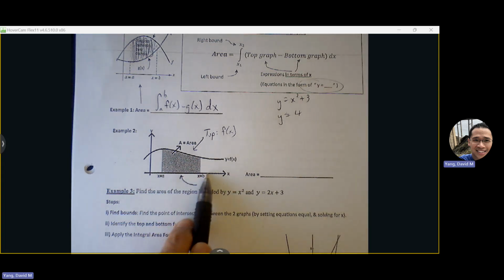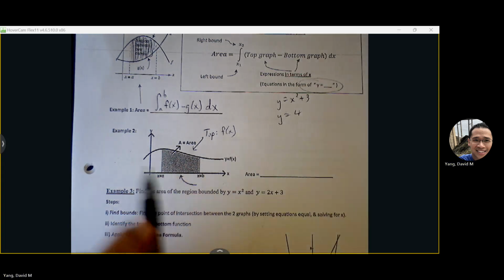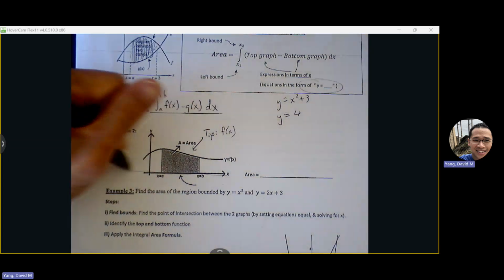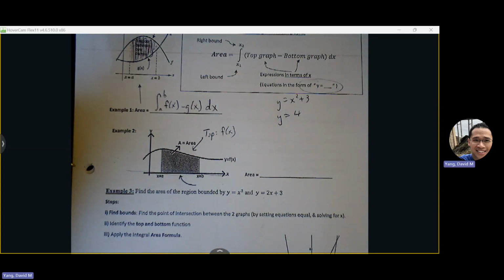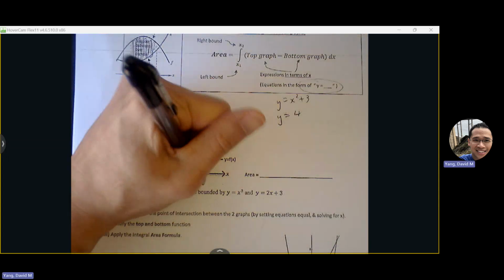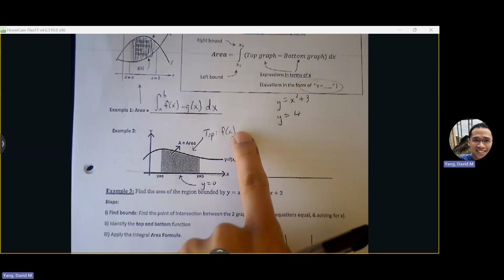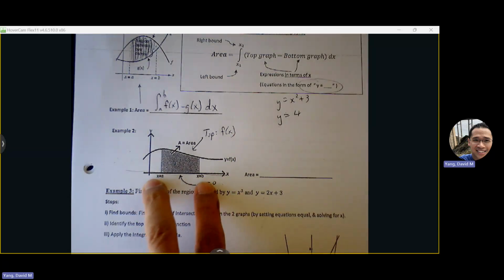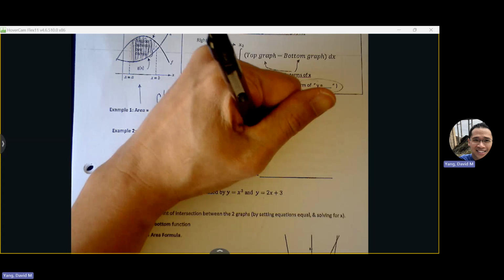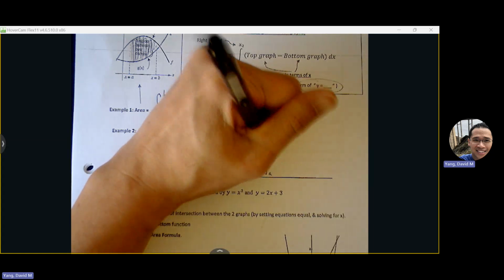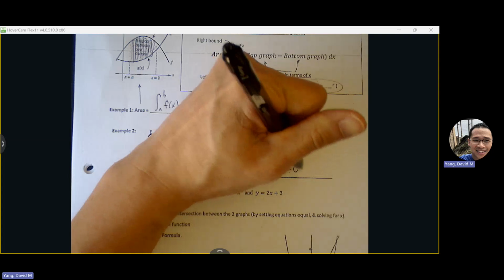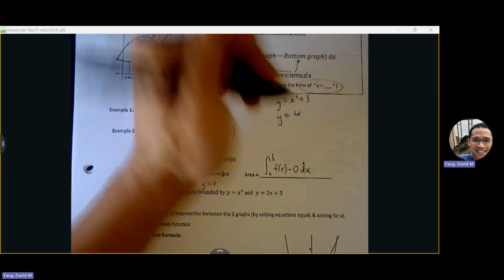What's the equation of the x-axis? y equals 0, right? So you have the top graph being f of x, the bottom graph being 0, and you're going from a to b. So the area of that shaded region is the definite integral from a to b of f of x minus 0 dx.